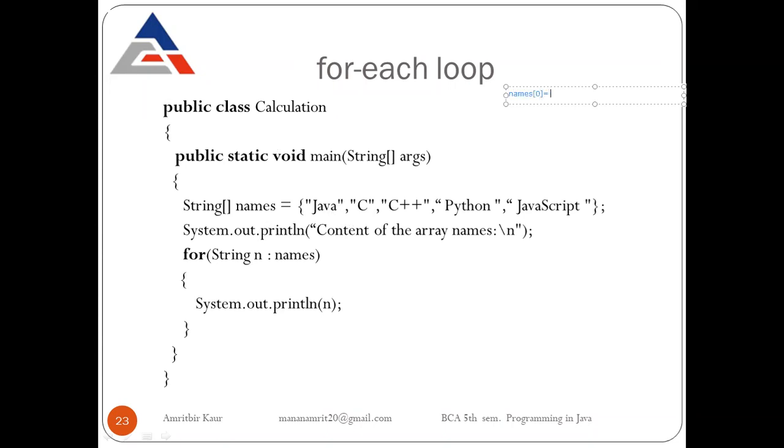At index 0, Java is stored, at index 1 C is stored, at index 2 C++ is stored, at index 3 Python is stored, and at index 4 JavaScript is stored.